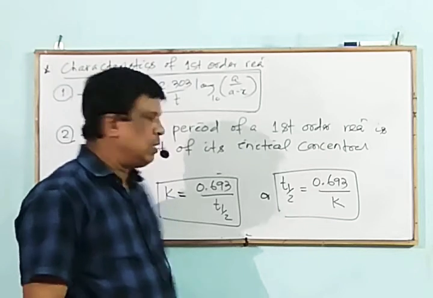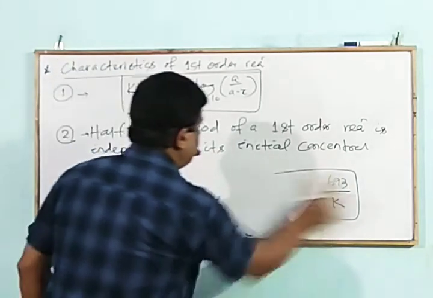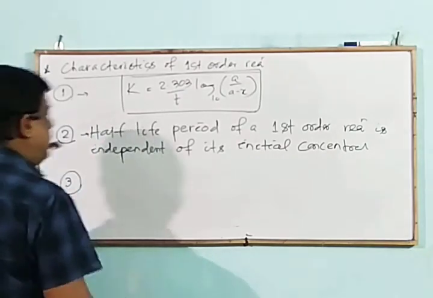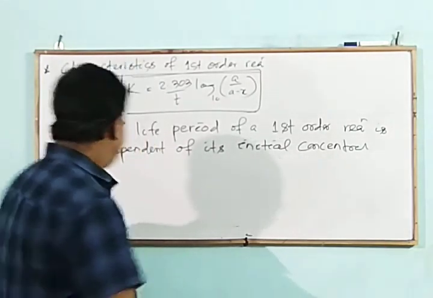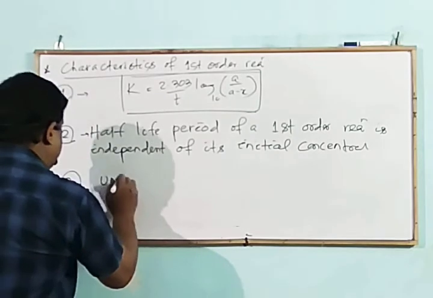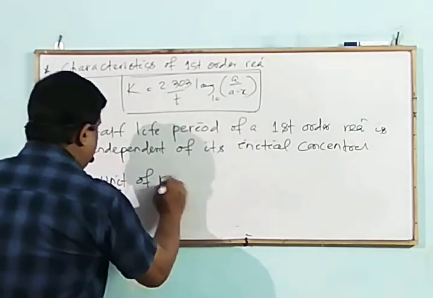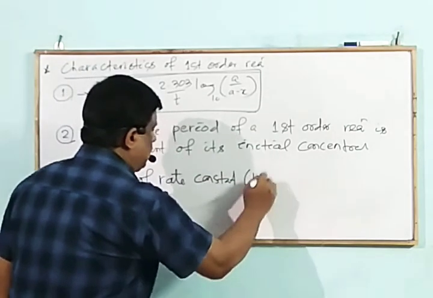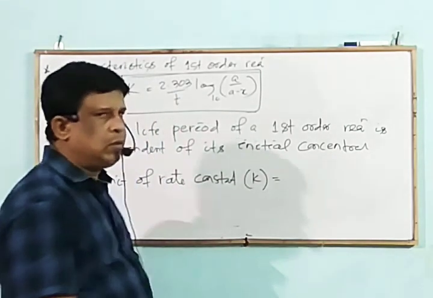Now the third point. If we go through the unit of rate constant, that is K for a first order reaction.